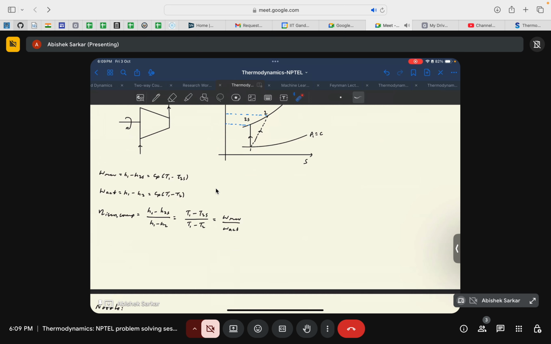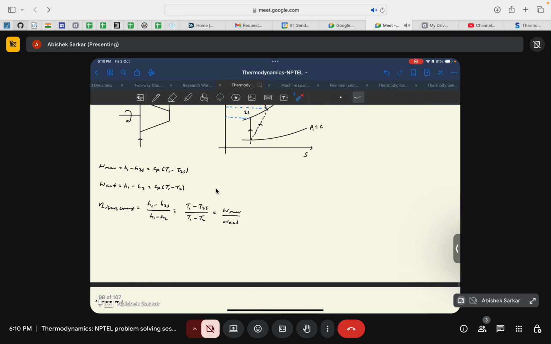Okay, so now we can see that the irreversibilities in the process have caused the work input required to achieve the same output to be greater than the reversible work input. Okay, so that's how irreversibilities in the process have affected the work input in the case of a compressor. So the actual work input has become more because of the irreversibilities compared to the reversible work input.